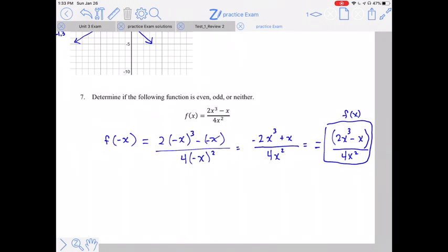And so what we are left with then is this. We evaluated the function at negative x, and it resulted in the opposite of f of x as an indication of an odd function.